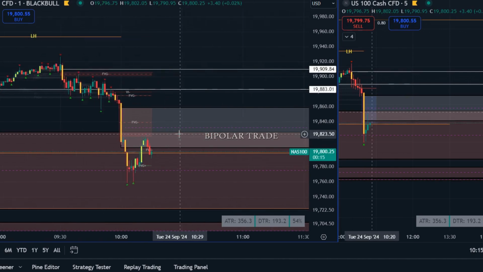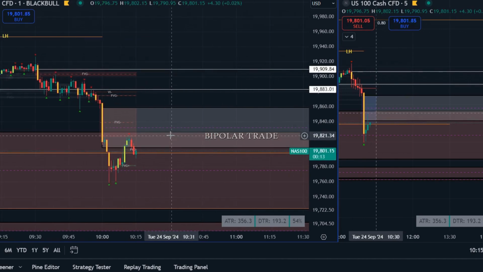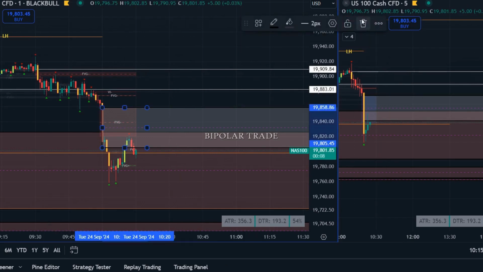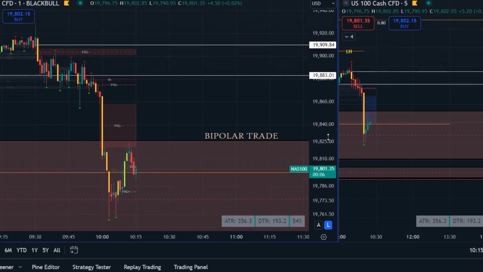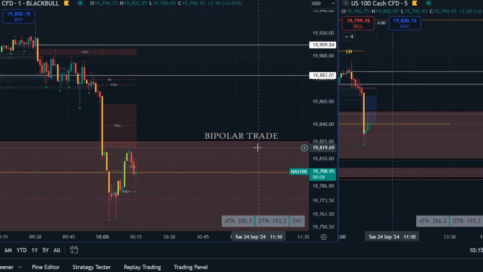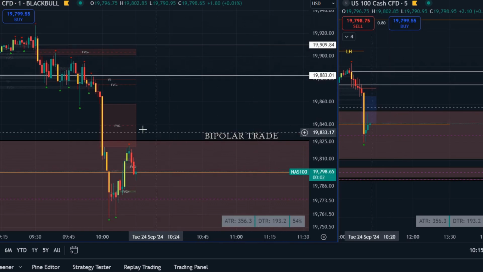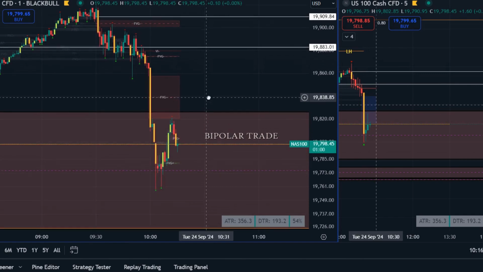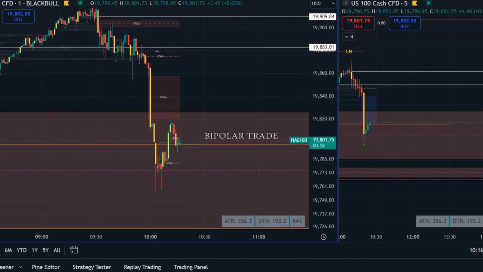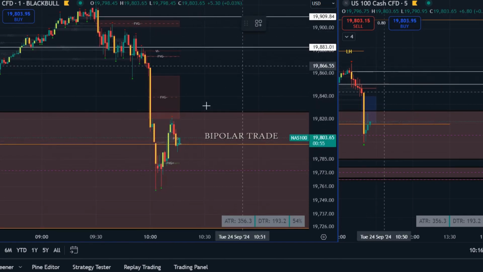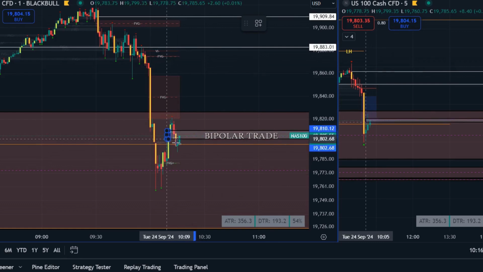Did this come inside the fair value gap? No. Yeah, it just tapped inside. So if it comes down, this is gonna be an inversion fair value gap.